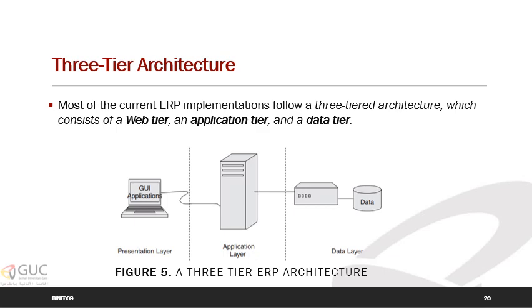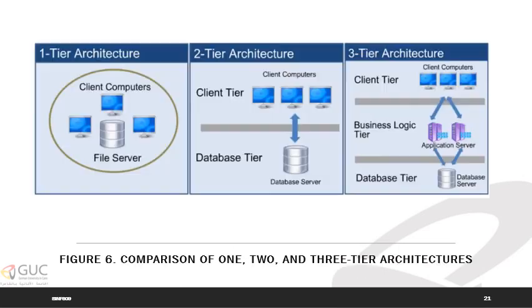It also provides higher security due to the separation of resources. The three-tier architecture is a scale-up of the client-server two-tier architecture. As shown in the figure, there is a comparison between the 1, 2, and 3 tier architectures.